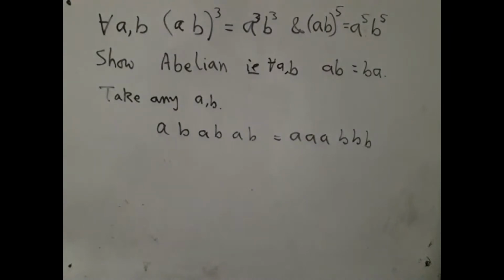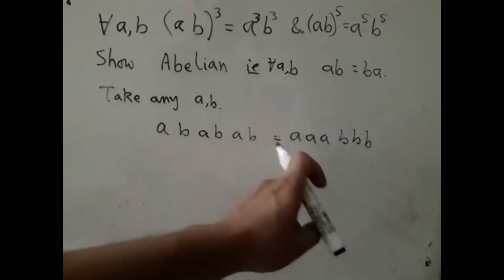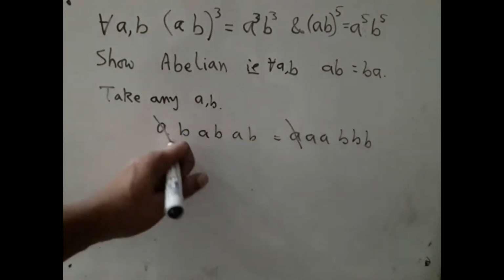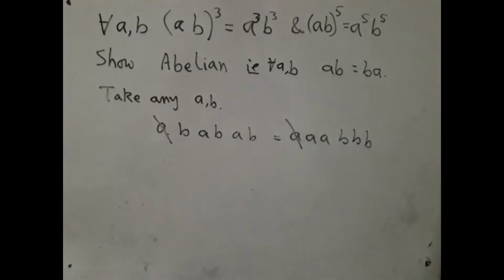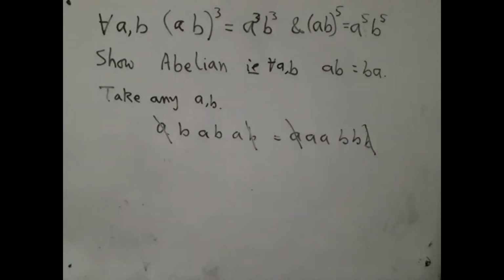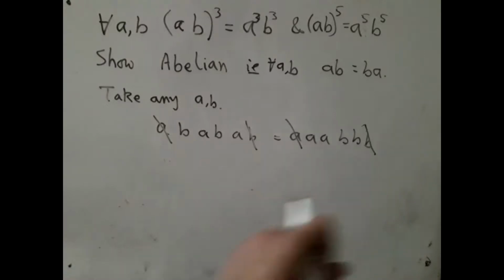And I know that I can cancel things from the left, that is, if I pre-multiply by a inverse both sides, then this a and the a will be knocked off. Similarly, if I multiply from the right by b inverse, this b and this b will be knocked off. So, I am left with ba equal to aabb.